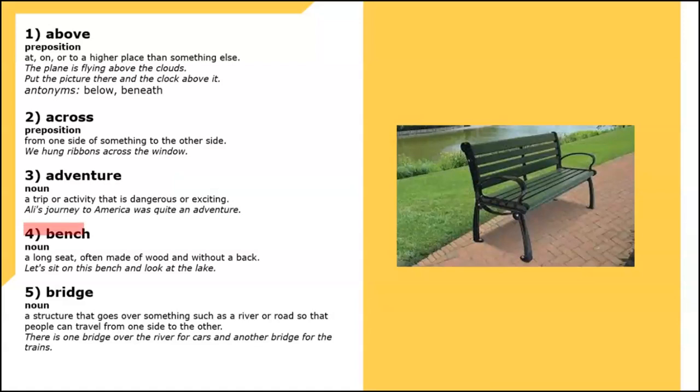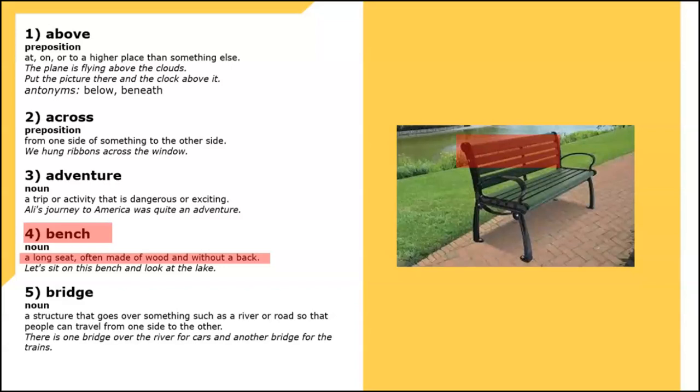Our next word is bench. Bench is also a noun, and a bench is a long seat, often made of wood and without a back. In this picture, this bench does have a back, but you can also see some benches that don't have any backrest.